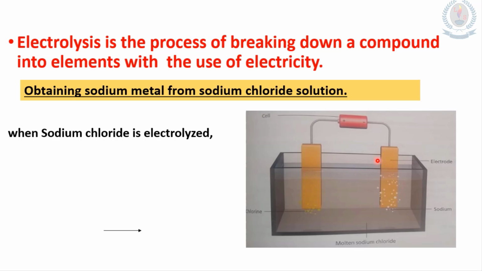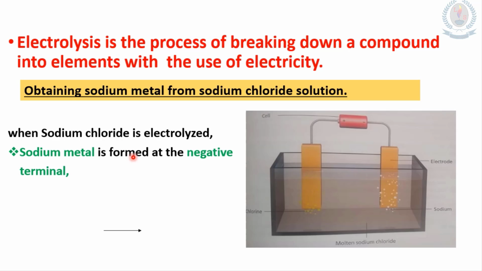Because this electrode is connected to the negative terminal of the battery, and this electrode is connected to the positive terminal of the battery. So we'll find out what changes happen near the positive terminal and the negative terminal. So when sodium chloride is electrolyzed, sodium metal is formed at the negative terminal.